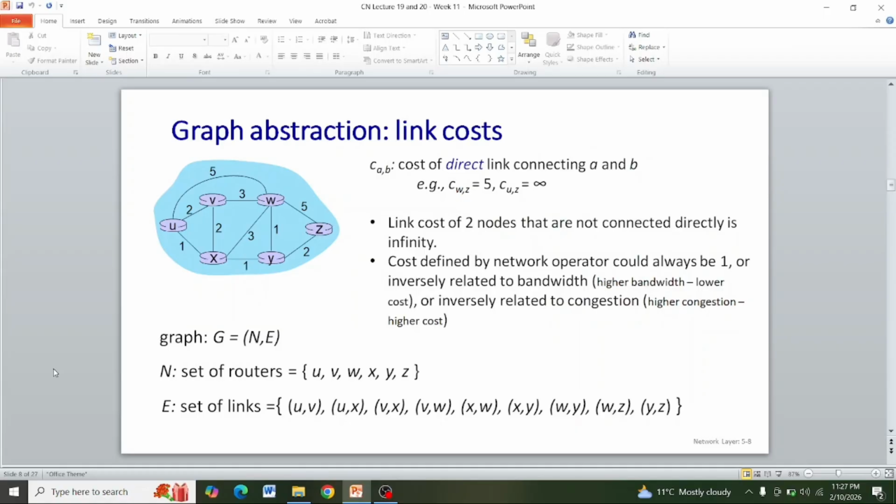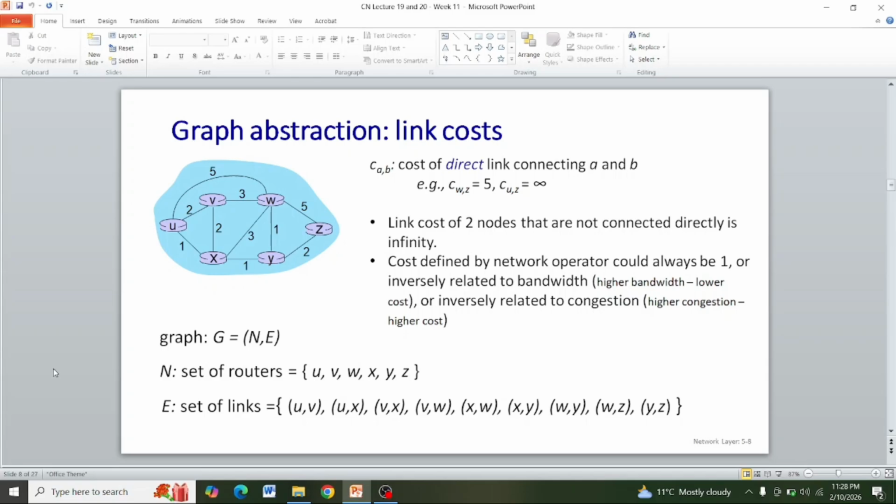Here is a graph abstraction of a sample network, a very simple network composed of 6 nodes, and different links and their associated costs are shown.